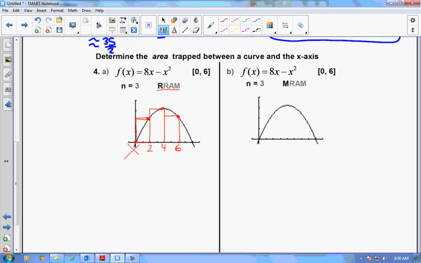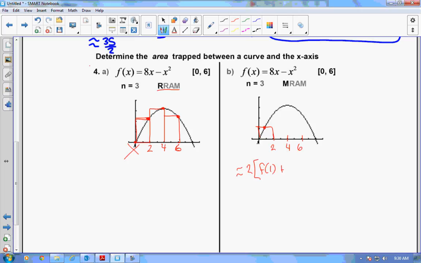Midpoint approximation, again 0 to 6. Thanks for mentioning our closed interval. So we have the same widths, but we're using the midpoint. So what's the midpoint between 0 and 2? 1. So when you do your function, you use f of 1, and the width was 2.